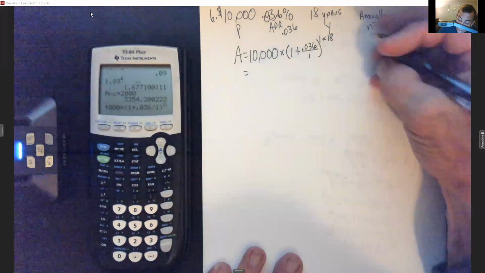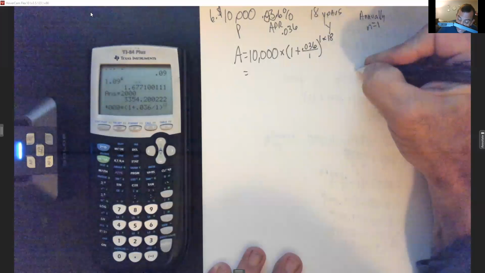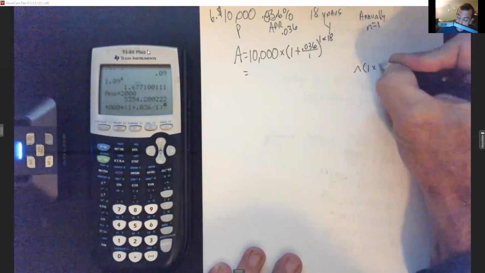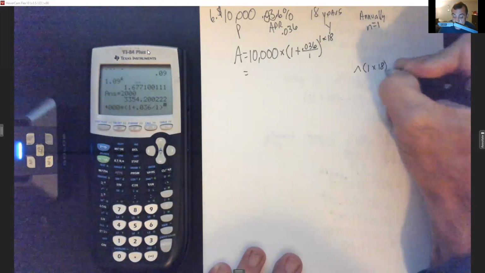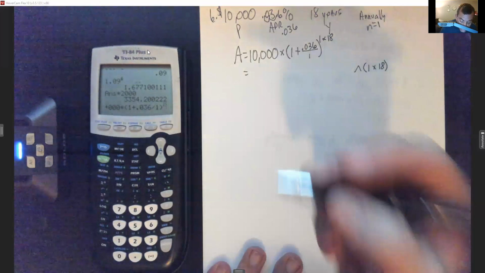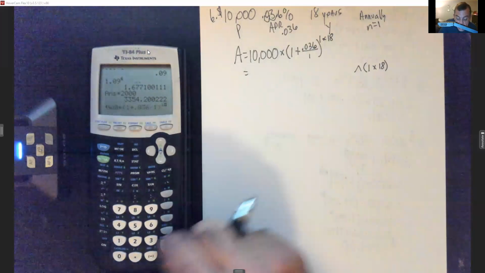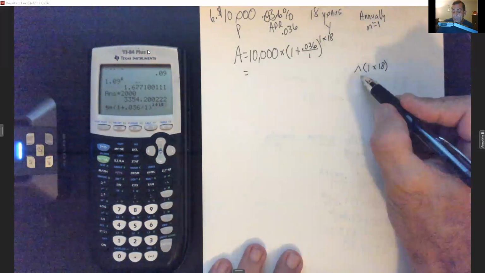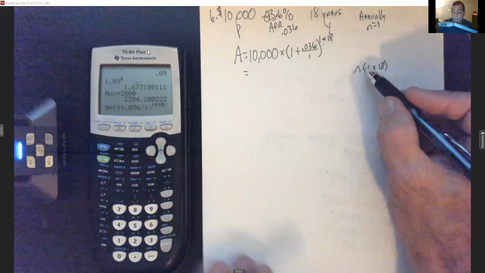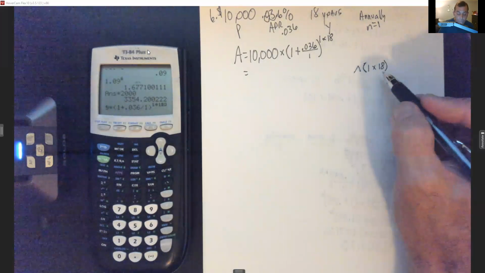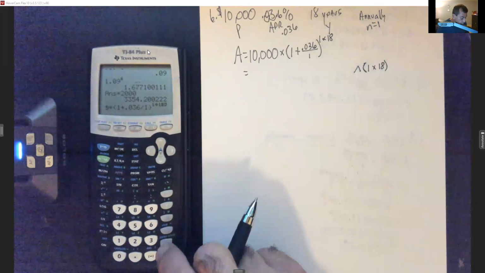Now, if you got the old calculator and it puts this on the screen like that, you got to do the 1 times the 18 and then close your parentheses on the older calculators. On the new ones, I just go 1 times 18 and it keeps it all up there. But y'all, if it does the arrow up on your screen with the little parenthesis, you got to put 1 times 18 and then shut your parentheses.